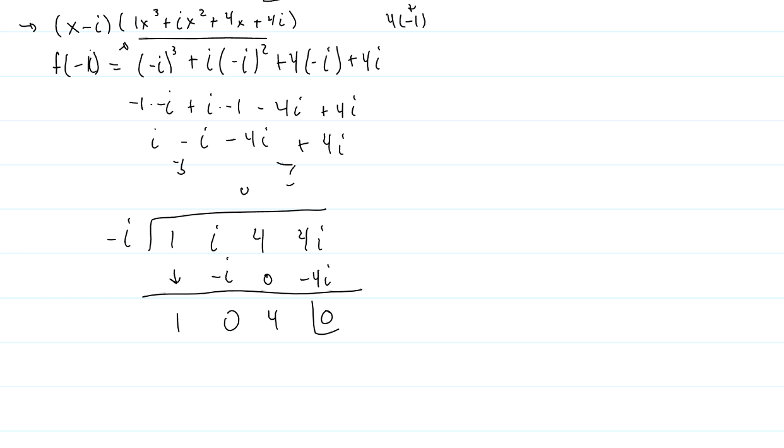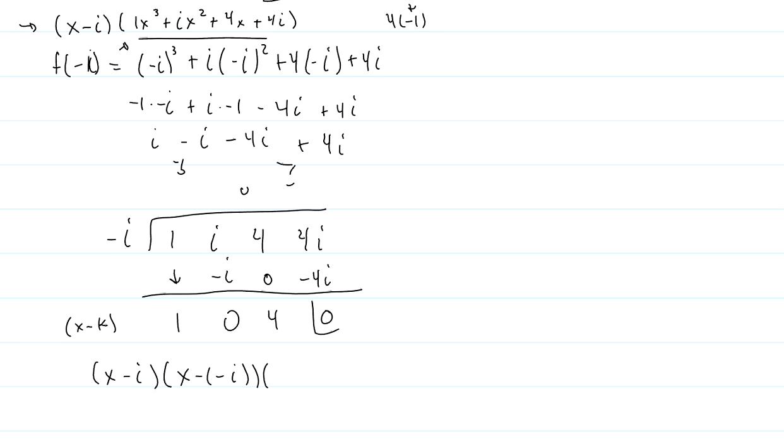So we take the top line, and we also factor out the negative i. When we factor out, it's going to be x minus k, where in this case k is negative i, so it's x plus i.